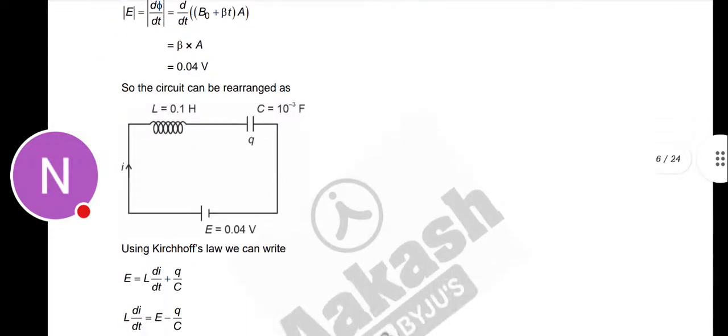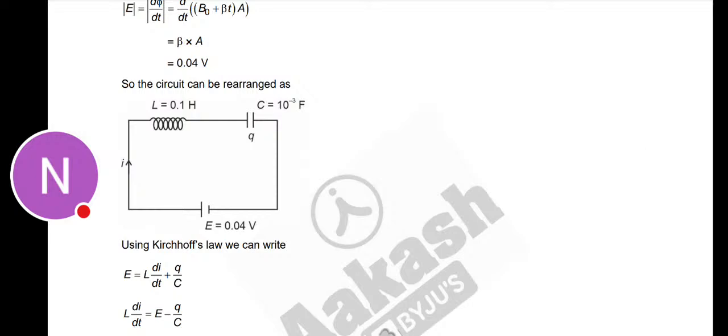The EMF induced in the circuit is E equal to d phi by dt, that is B into A, equal to 0.04 volt. So the circuit can be redrawn with L equal to 0.1 H and C equal to 10 to the power minus 3 Farads.